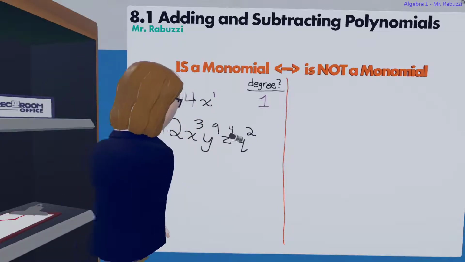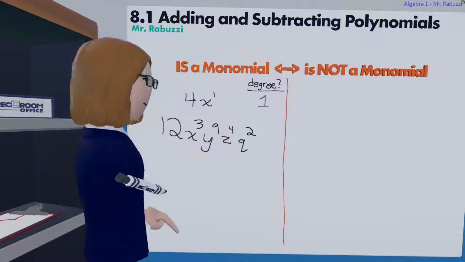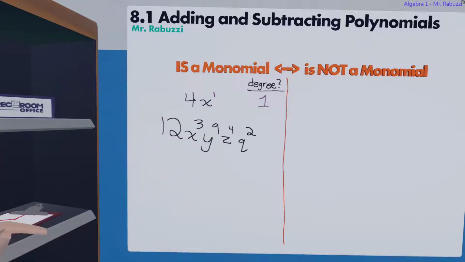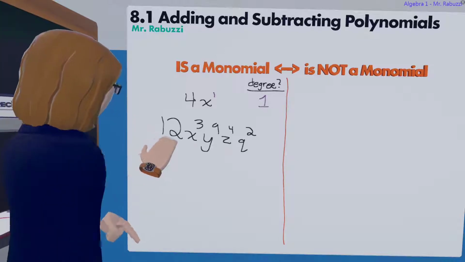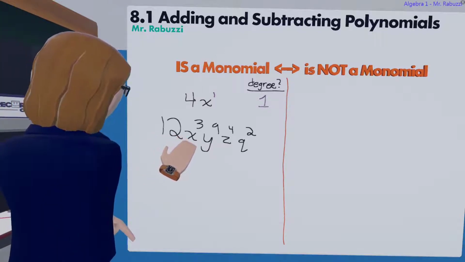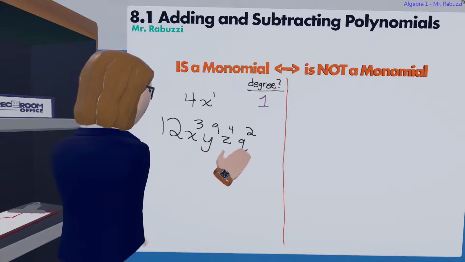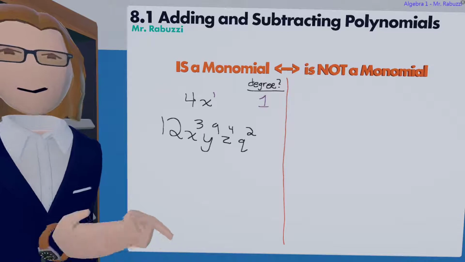So that's a lot of stuff, but it is still one math term because it's all multiplication. So right here it's 12 times x cubed times y to the ninth times z to the fourth times the q squared. They're all multiplying together.